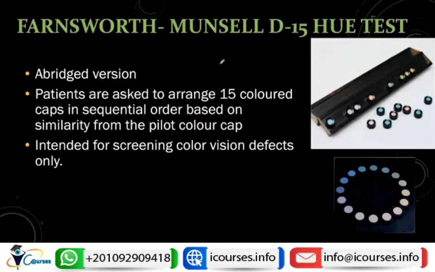It's again called the Farnsworth-Munsell, but it is the 15 hue test, the D15 hue test, meaning that we only arrange 15 color chips, or caps. These 15 caps are arranged in order of the hue, or the color perceived by the patient, so it is used for screening, and it will not give as much accuracy as the full version, which is the 100 hue test.